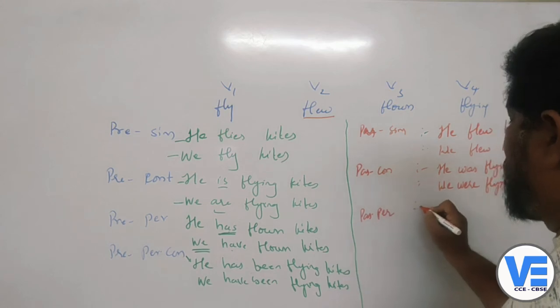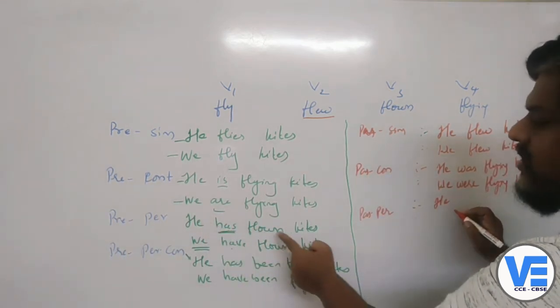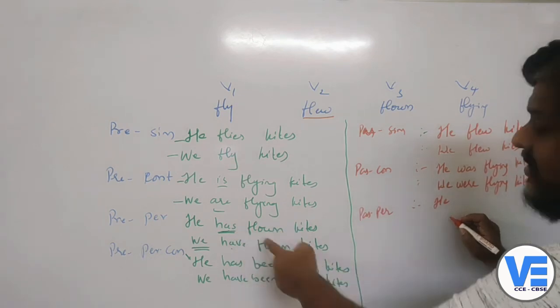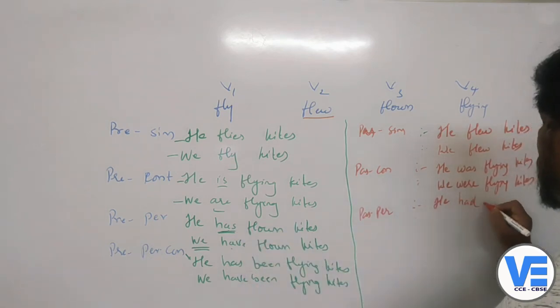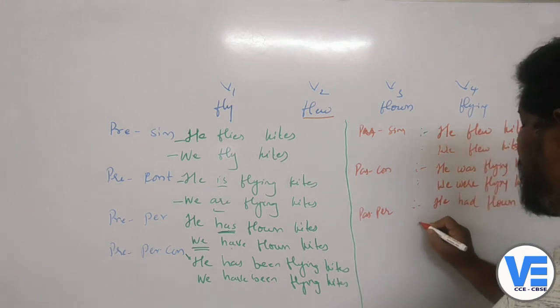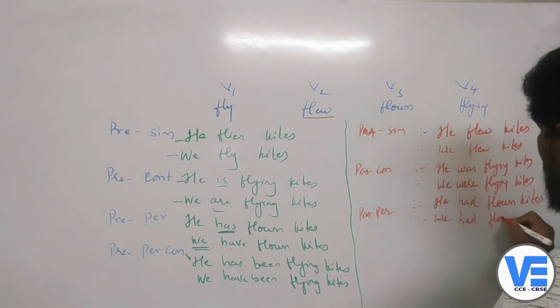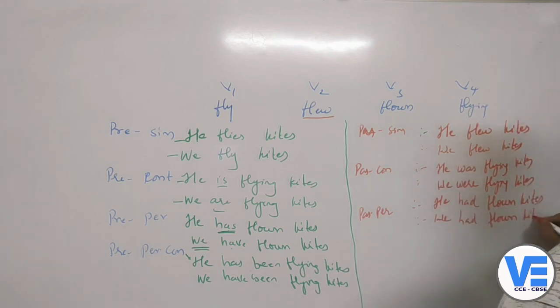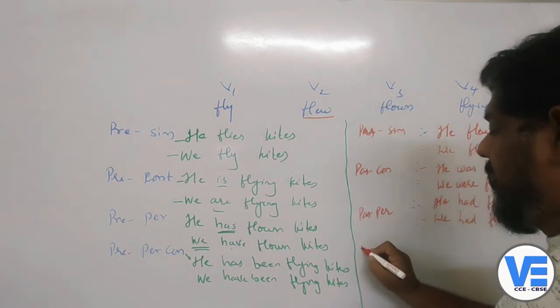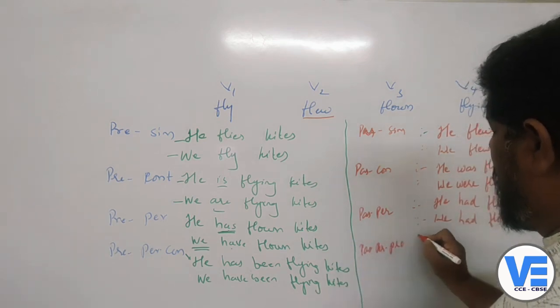Next is past perfect. He has flown kites. So what is the past tense of has? He had flown kites. So if you write with we also, we had flown kites. Coming to the past perfect progressive.